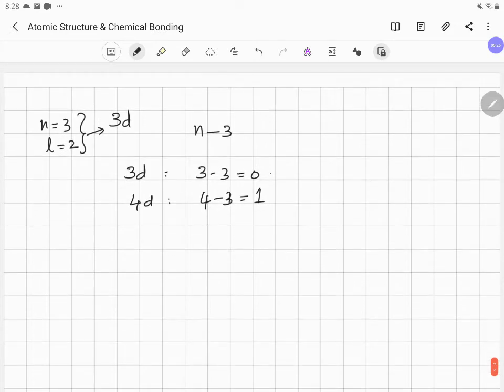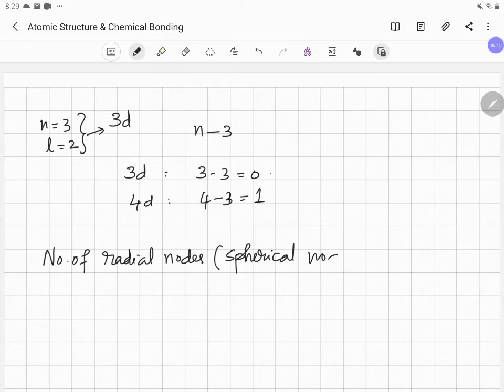So in general, the number of radial nodes, sometimes called spherical nodes, is obtained using the equation n minus l minus 1. This is for every atomic orbital.